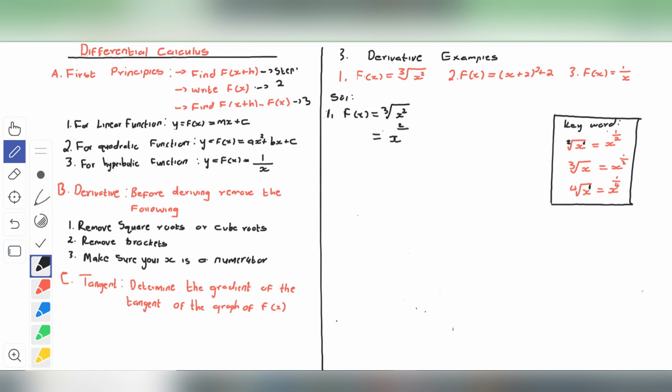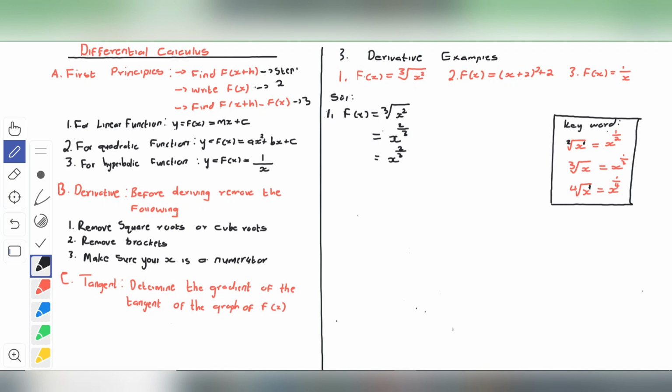Here we have 3. Therefore we have x to the power of 2 over 3. So x to the power of 2 over 3 is the same as the cube root of x squared, right? You saw that.